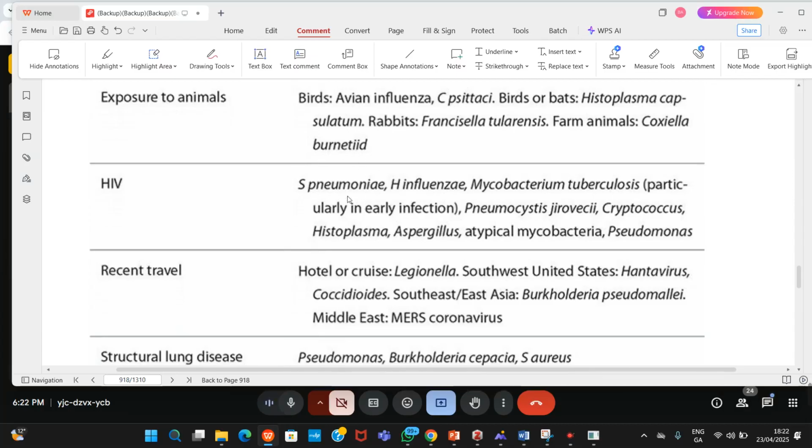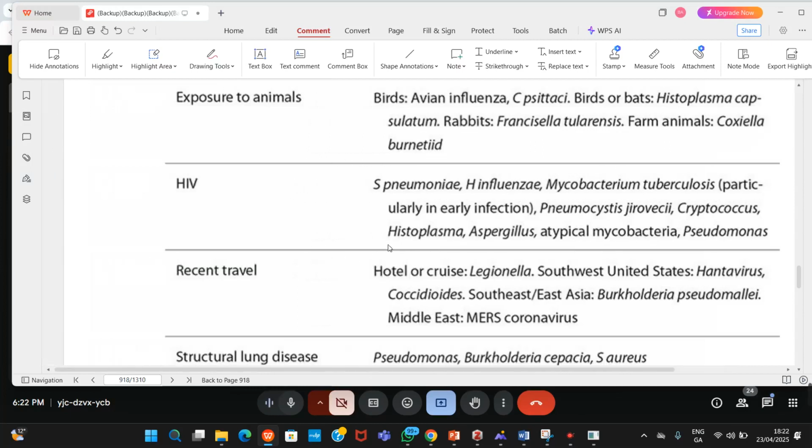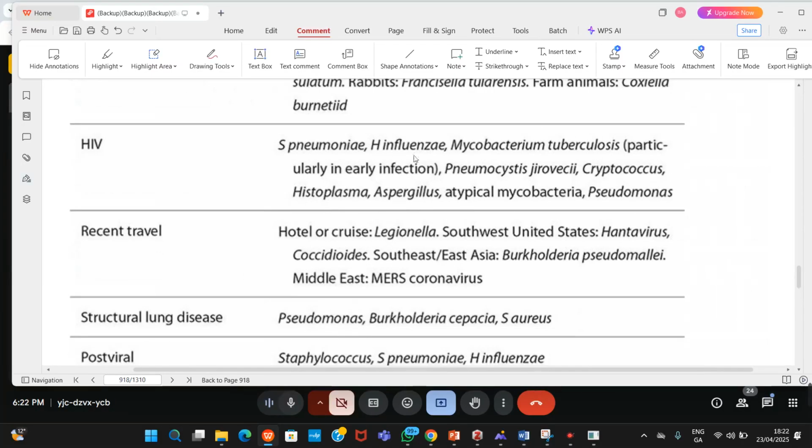HIV, think about strep pneumo. Immunocompromised people, think about strep pneumo, tuberculosis, Pneumocystis jirovecii, and histoplasmosis too. It's very common in people that are immunosuppressed. And even aspergillosis. So aspergillosis, histoplasmosis, Pneumocystis jirovecii, TB, and strep pneumo.